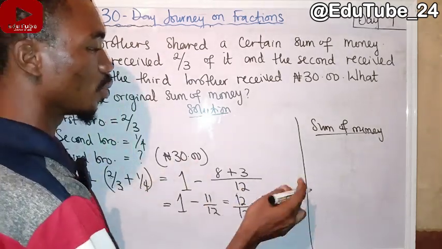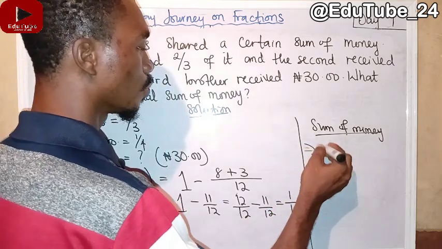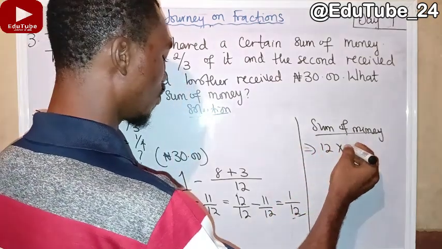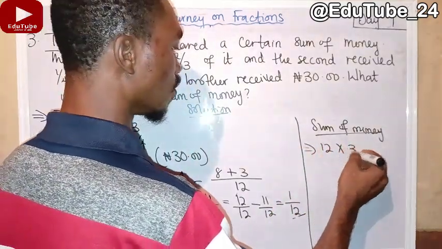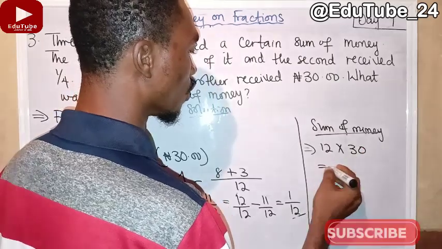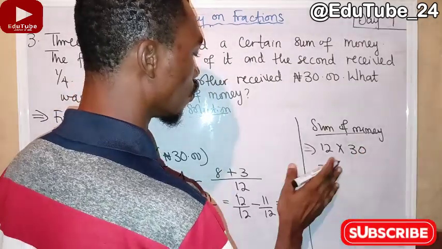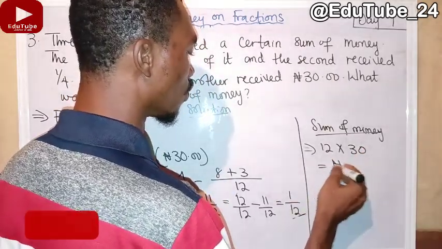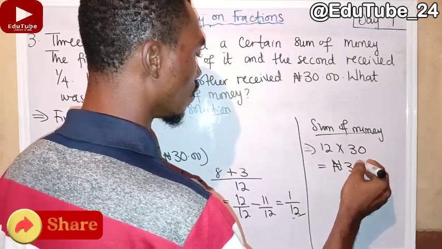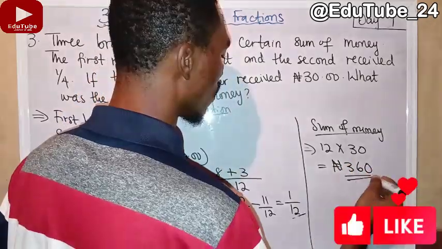So the entire money itself will be 12 times 30, and that is going to give us 360. So the entire money that was shared between the brothers is 360 naira.